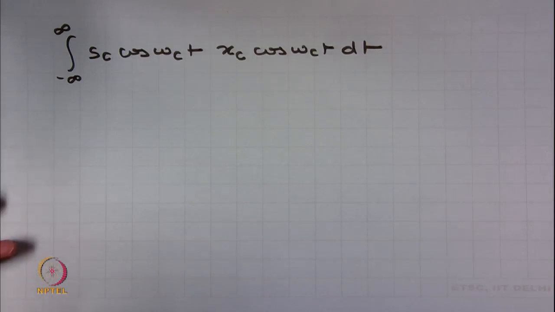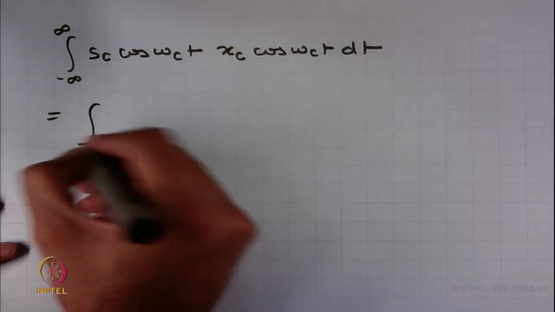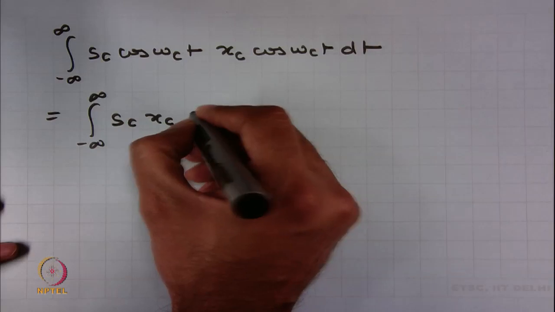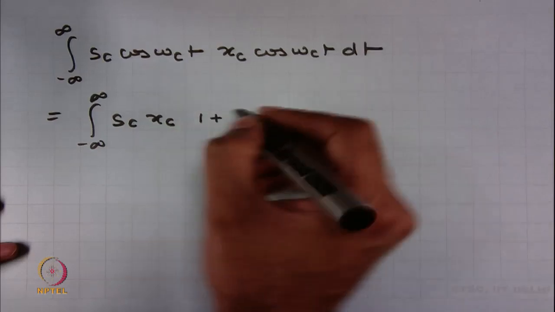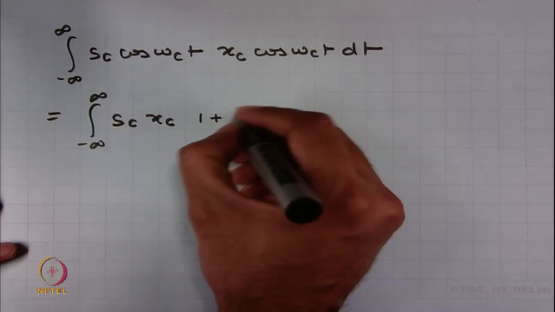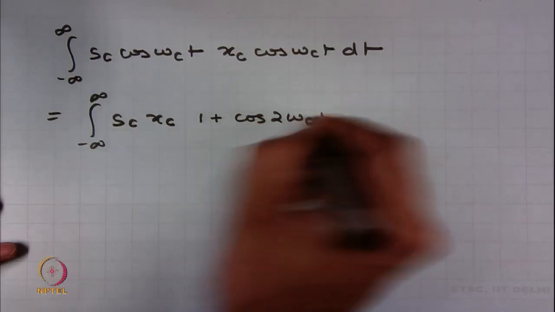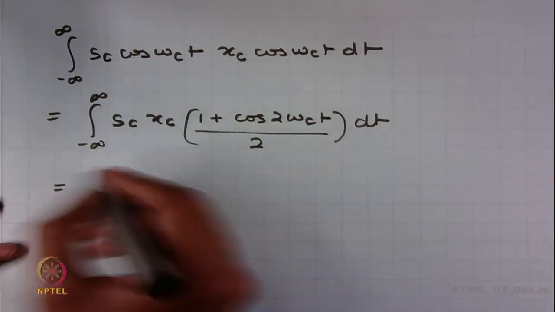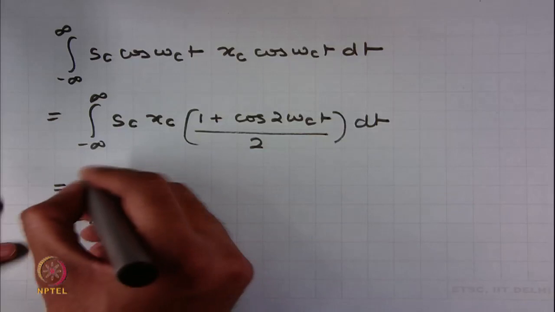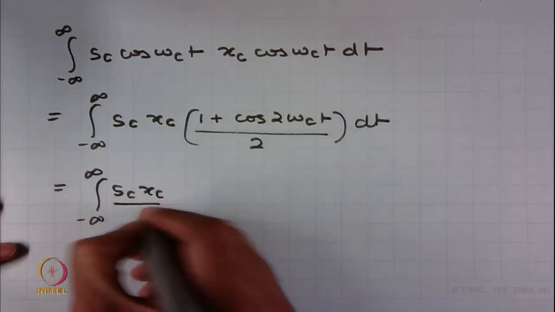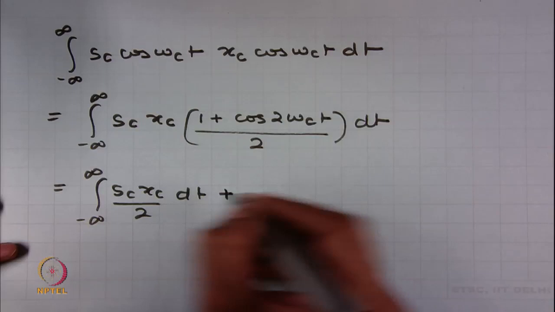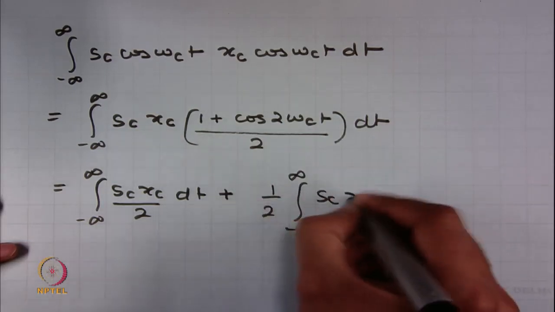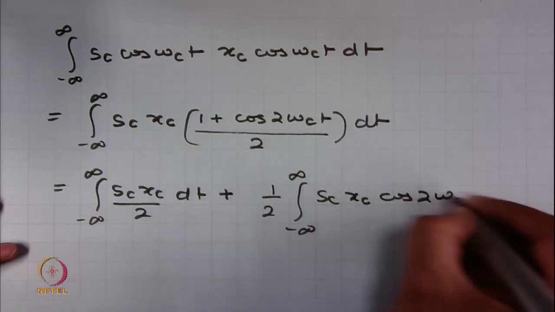Now, this is very simply the integral of SC XC times (1 plus cos 2 omega CT) by 2 dt, and this is the integral from minus infinity to infinity of SC XC by 2 dt plus half the integral from minus infinity to infinity of SC XC cos 2 omega CT dt.